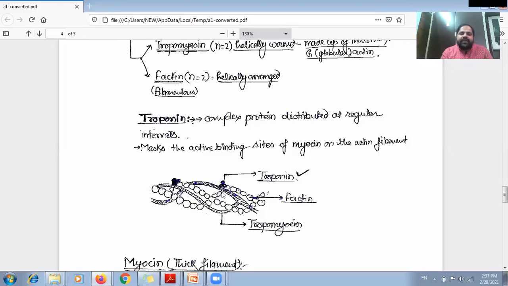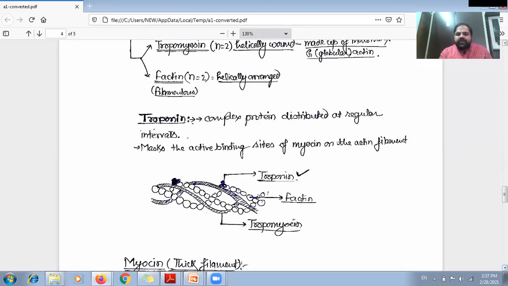It means where the myosin gets attached to this actin will be marked with this protein complex. The movement of the actin filament over the myosin will be regulated by this complex proteinaceous structure which is called troponin.